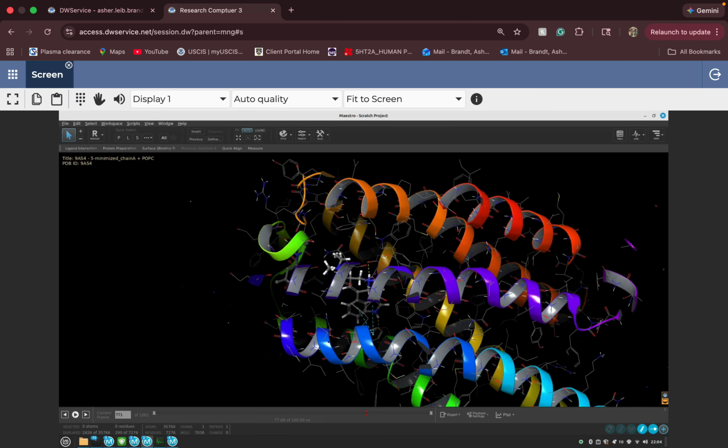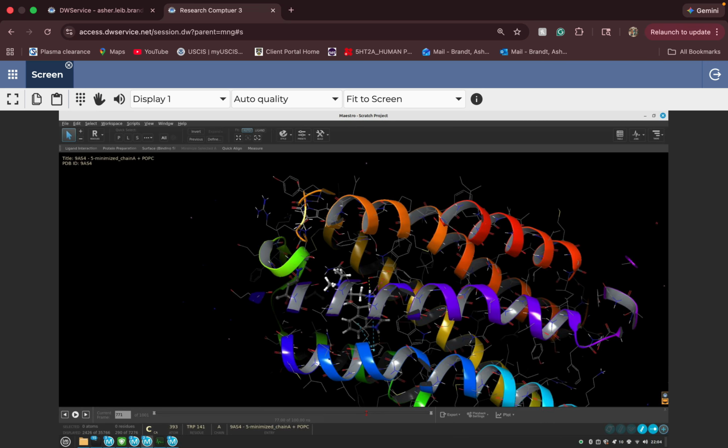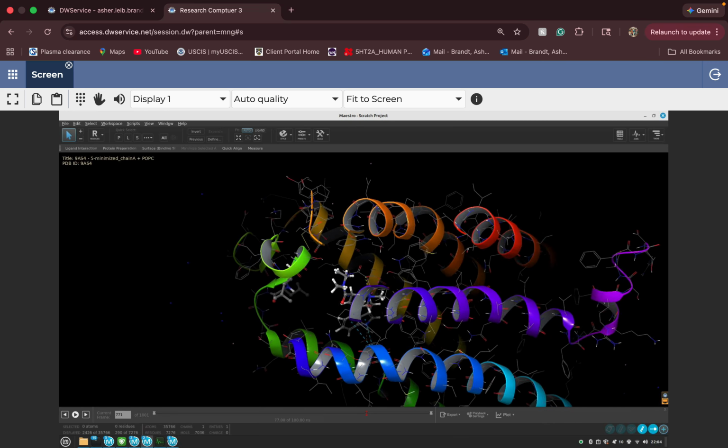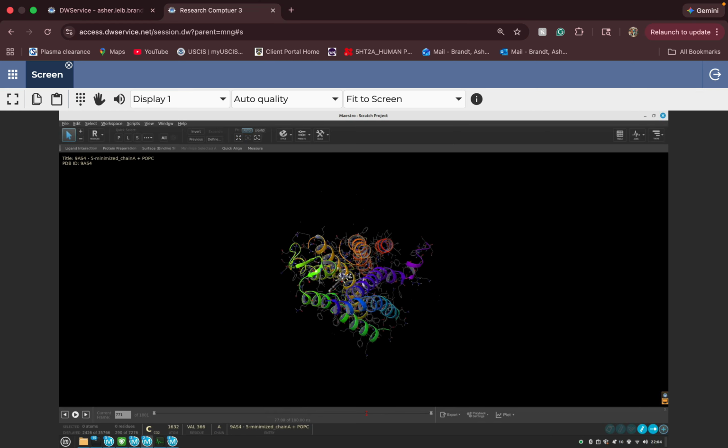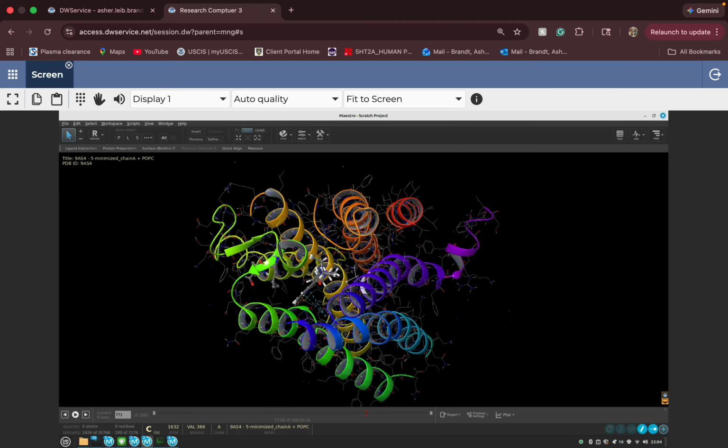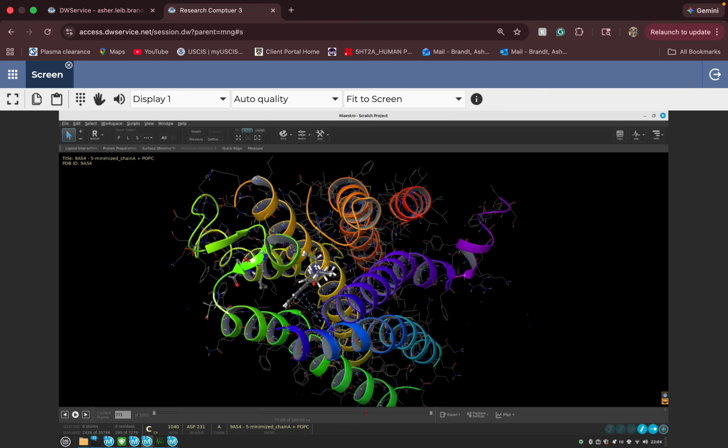Let's see if we can find it. I know it's on this lid right here. It's on one of these skinny lids. It's 228, 229, 230, 220.